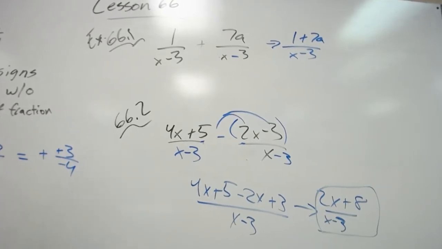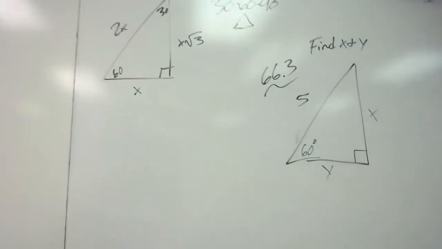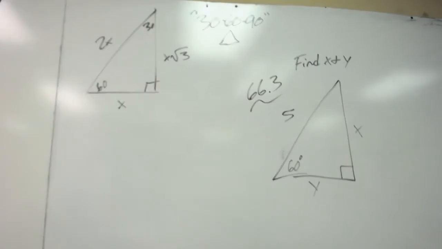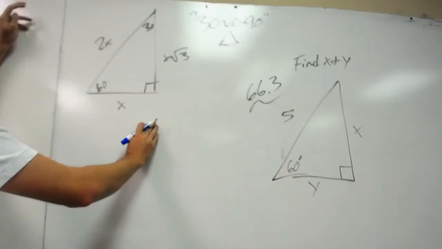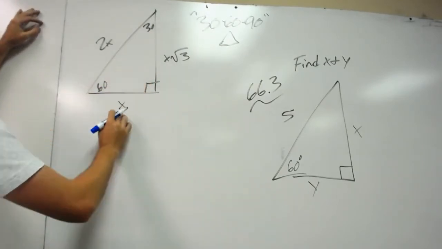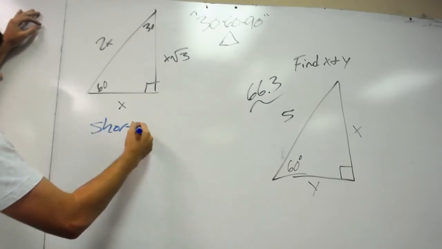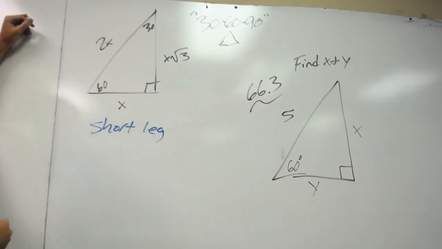The next concept in this lesson is 30-60-90 triangles and its formula. We've done these before, and 30-60-90 is an awesome shortcut when you have right triangles. Its principles are that the opposite side of the 30-degree angle, aka the short leg, is what you can think of as your starting point, and we're going to call that x.